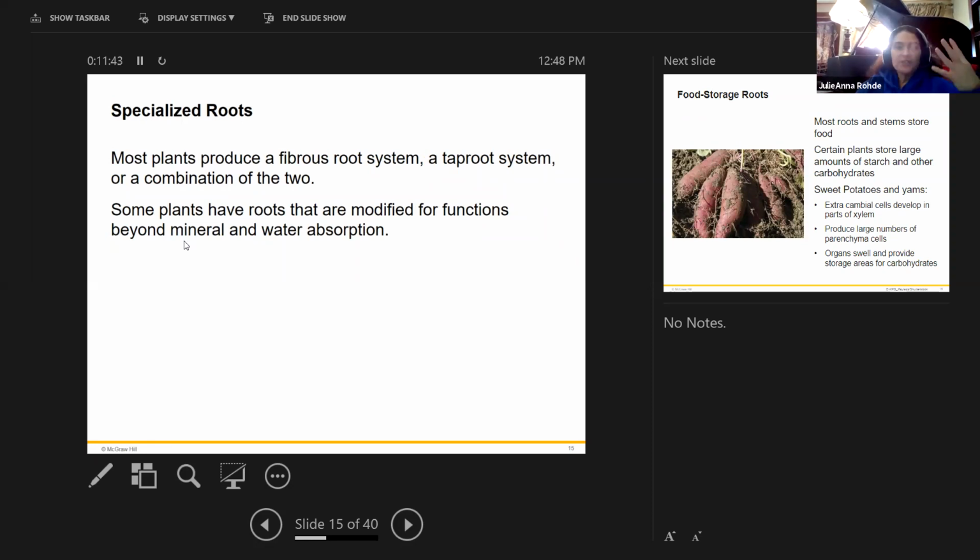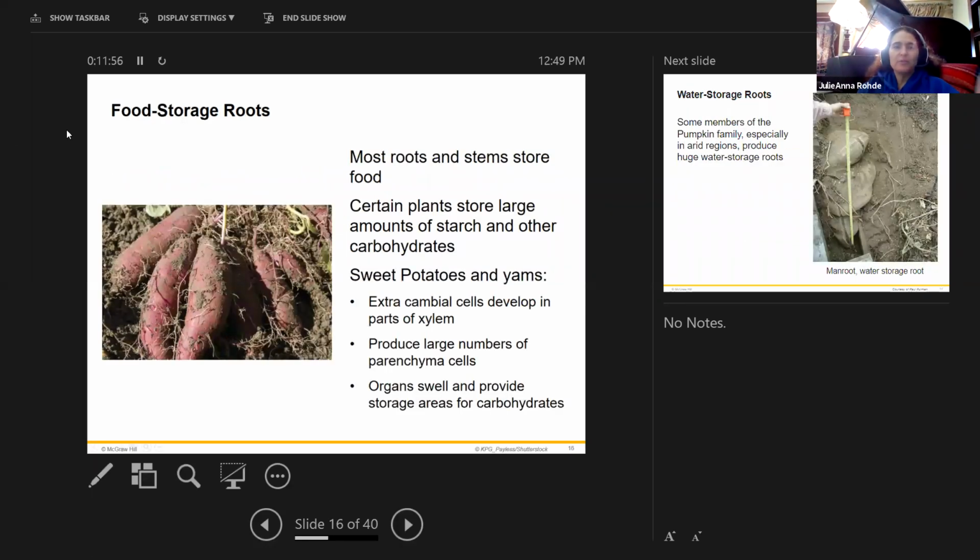So that fourth function of the roots that I always forget about, those other special functions, what can some of those be? Well, they can be modified for extra mineral and water absorption. They can be used for food storage roots, which are typically things we eat. Not everything.